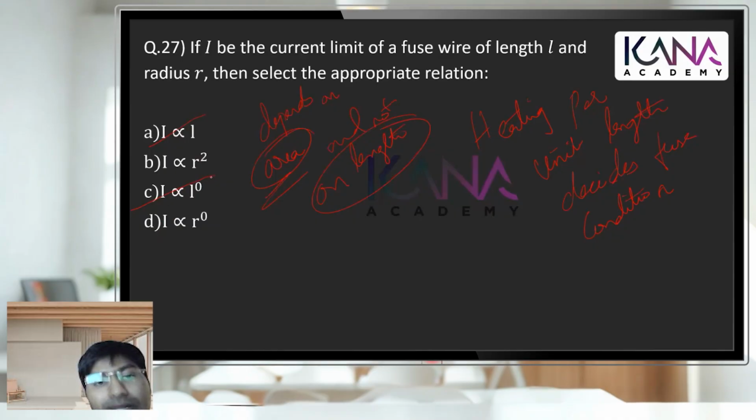So it's like a direct relationship we need to look at. So here it says L to the power of 0 actually. So it is actually this one. So this one is not possible. So the most appropriate for this one will be option C.